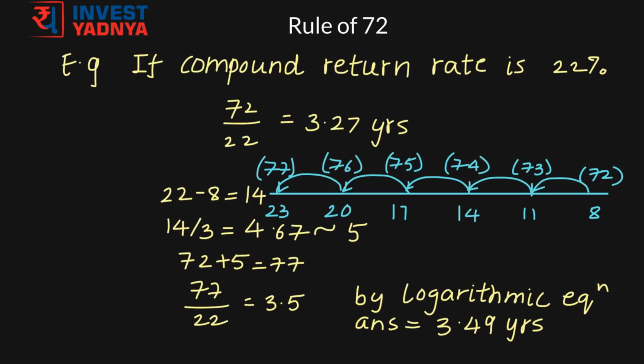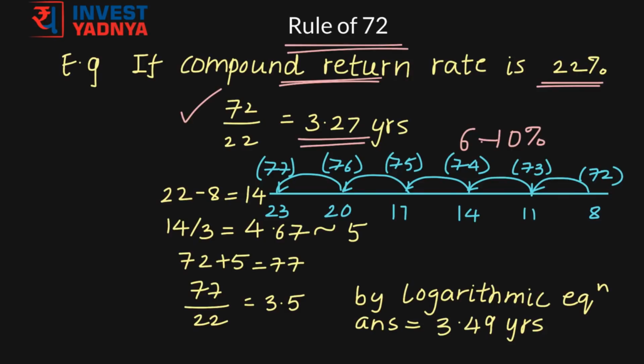For example, if you're getting a compound return rate on your investment of 22%, using the rule of 72, you would get a value of 3.27 years. But as the return rate that you're getting is out of our range of 6 to 10%, we would have to tweak the rule of 72. For every 3% return that you get above 8%, you would need to add 1 to 72.